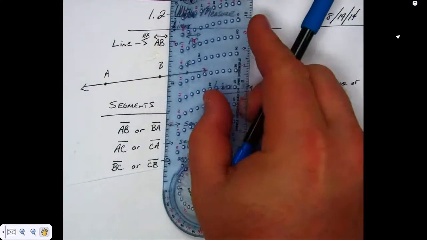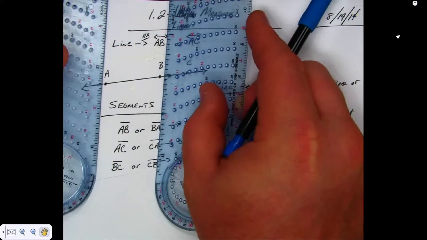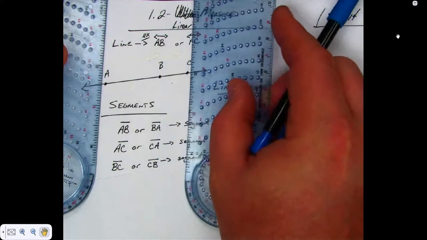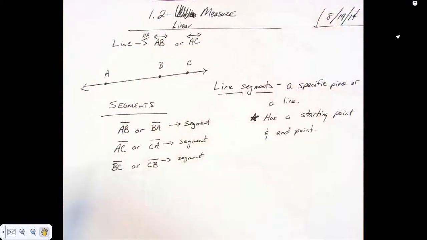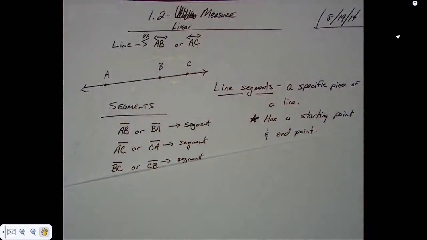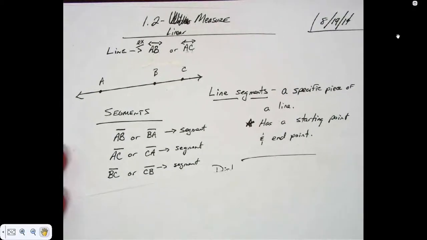A to B, segment AB is just from here to here, is it not? Would everyone agree? Segment A to C is from here to here. Segment B to C is that piece, isn't it? So, as you can see, segments are different than lines, of course. Okay? And I wrote every way you can write the three segments up there.